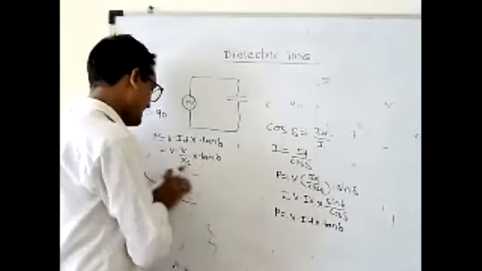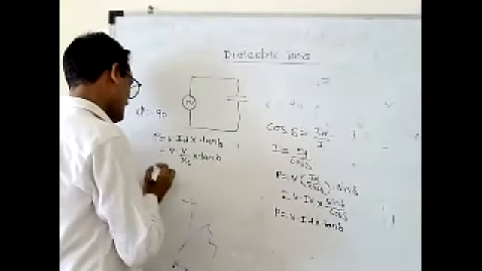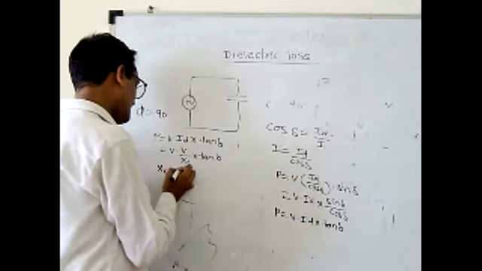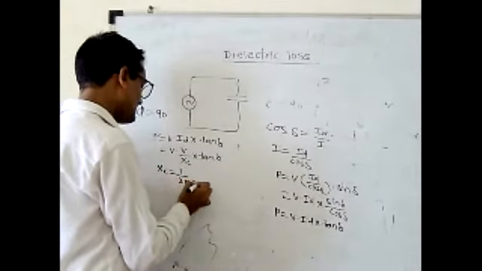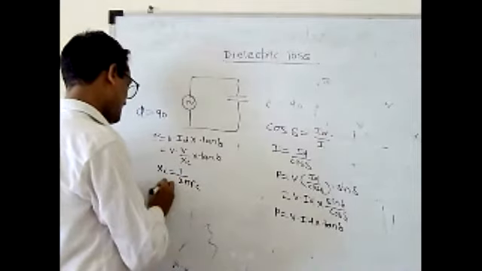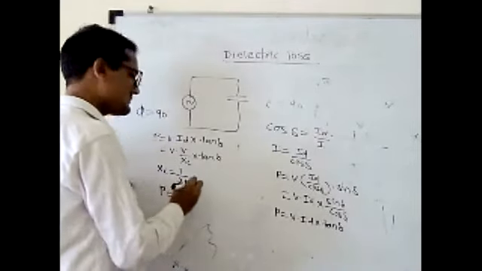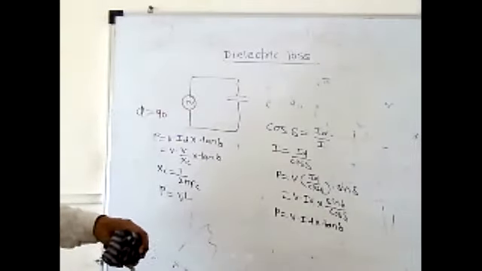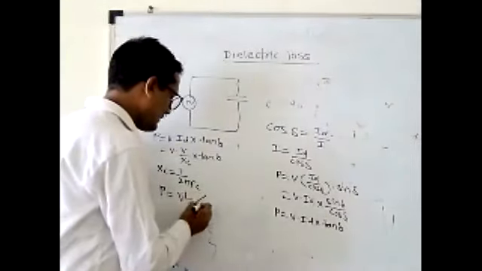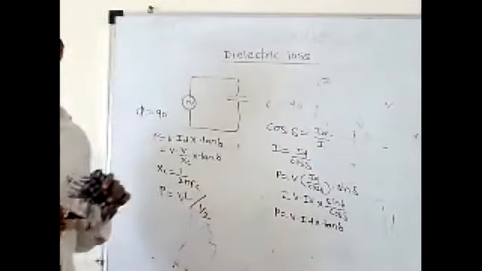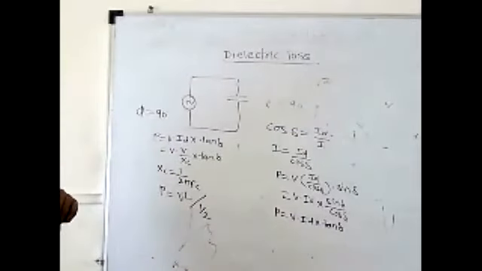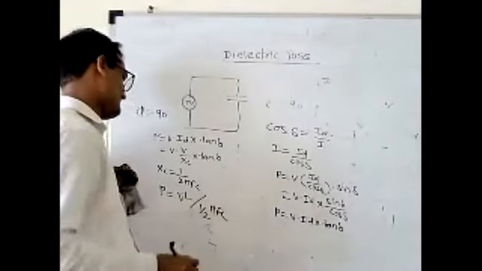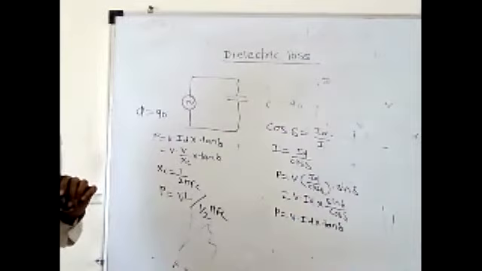Therefore, put this value of XC. By putting XC equals 1 upon 2 pi FC, we will get P equals V square, V into V, upon 1 upon 2 pi FC.